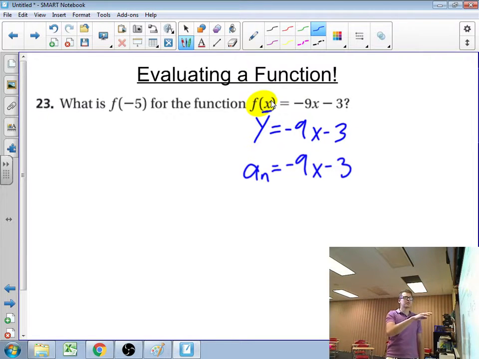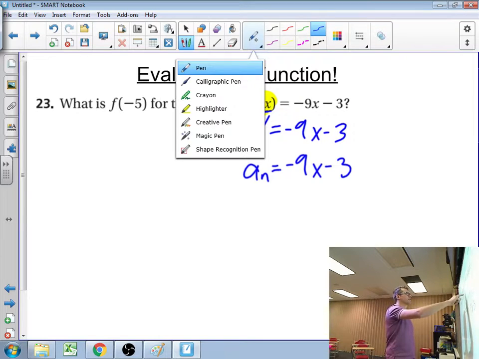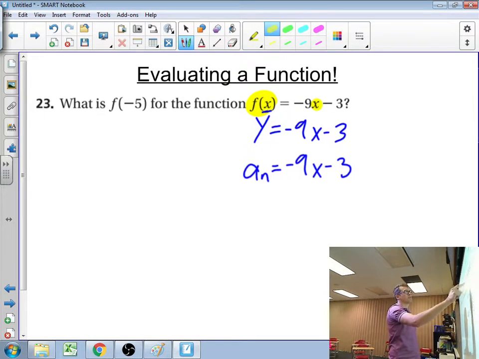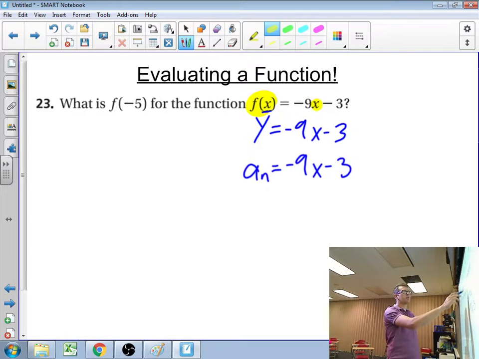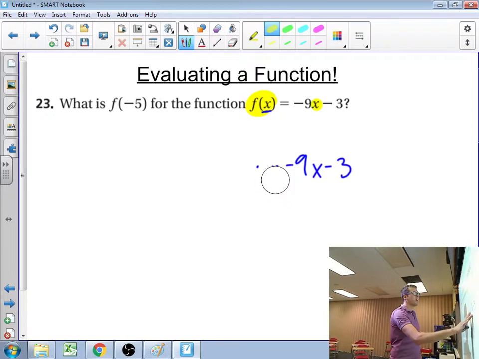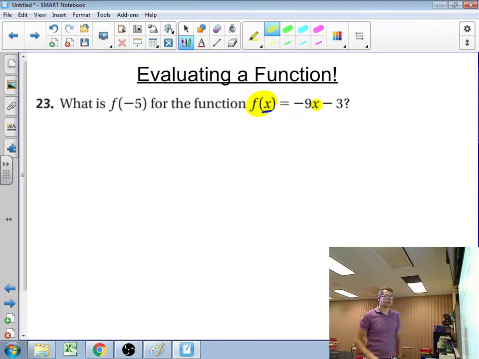So regardless of what letter's there, all that tells me is it matches up with the variable in the function. So all that tells me is this is the output value of the function when I have a given input value. Here my input value is going to be represented by x. So f of negative 5 is just saying everywhere you see an x, replace it with a negative 5.